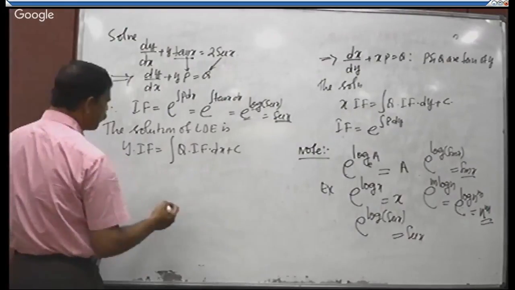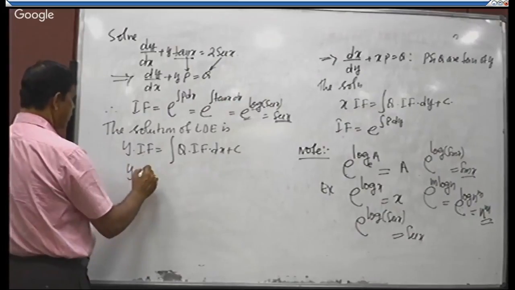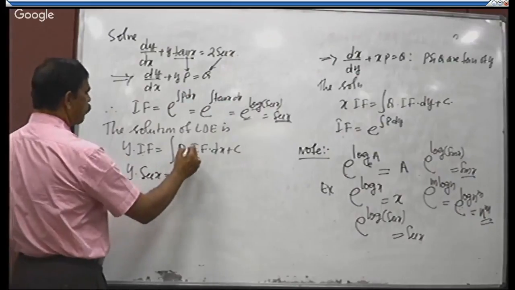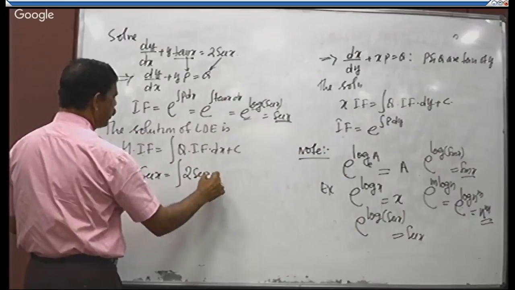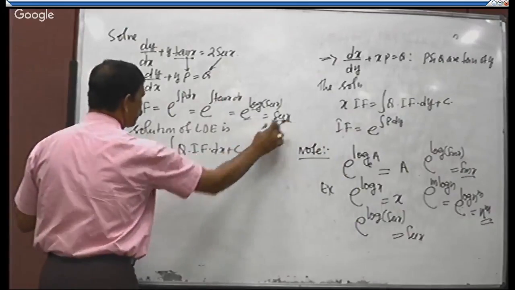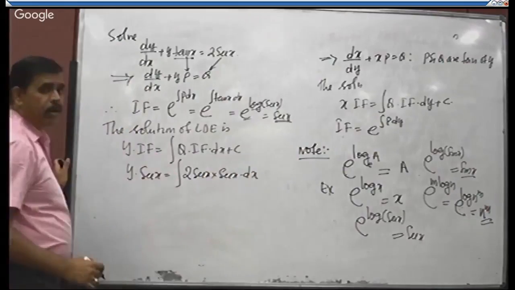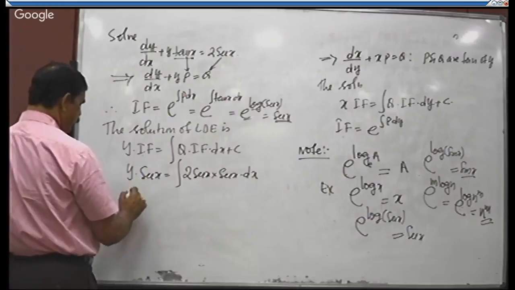Just substitute the values of q and IF. That's all. y into what is IF? Secant x. Integration of q, what is q? q is 2 secant x, into what is IF? IF is also secant x, into dx. How do you integrate this? See, this is kept as it is.